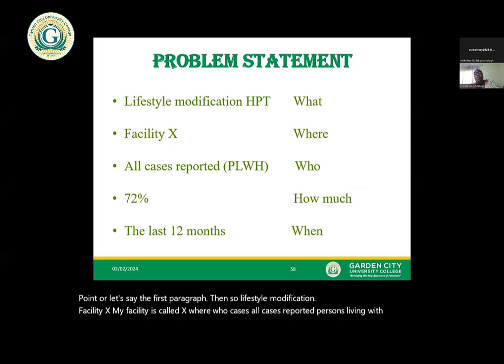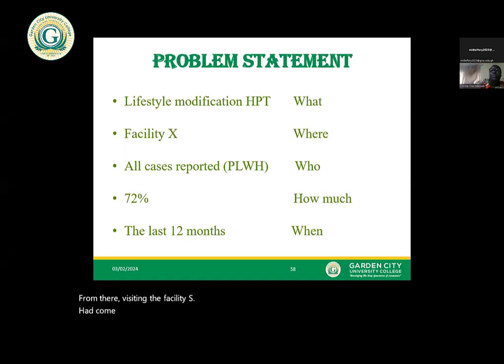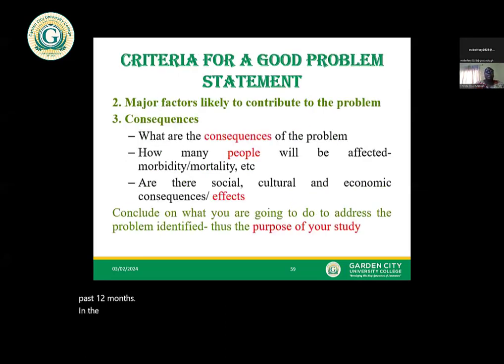How much? 72% of persons living with hypertension visiting facility X come with complications as a result of their inability to modify their lifestyle in the past 12 months. I would have written my thing.